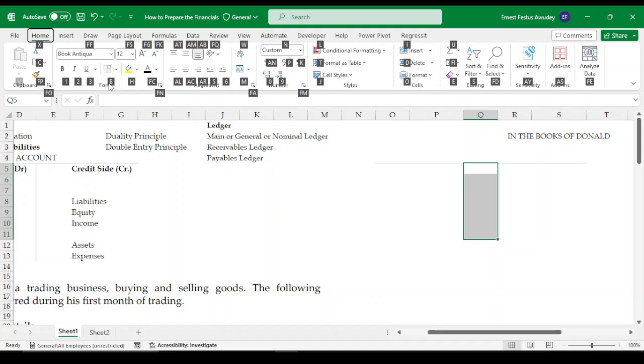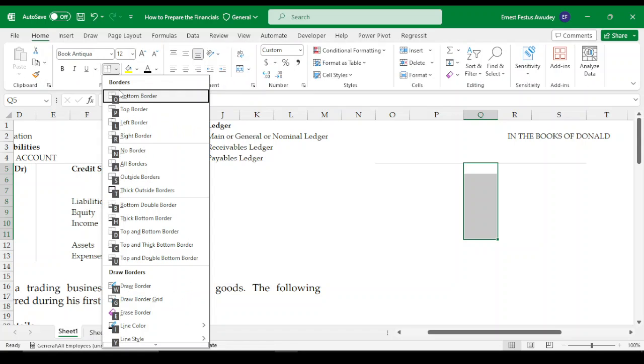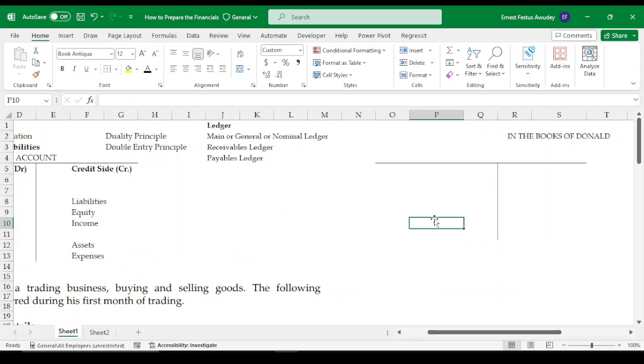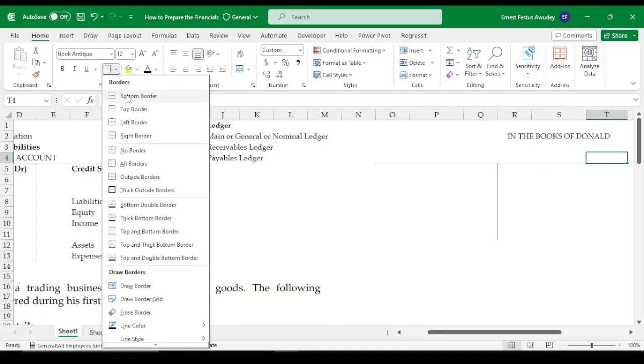Now I want border, and we know that border has been assigned this particular value called B. So I'll just hit B on my keyboard, and that will open the borders menu for me. And now I want to insert a border to the right of the selected cells. So what do I do? I'll just come here and locate my right border. So I'll hit R, and that is going to insert my border for me. As simple as that. All right, so I want to extend this border a little.